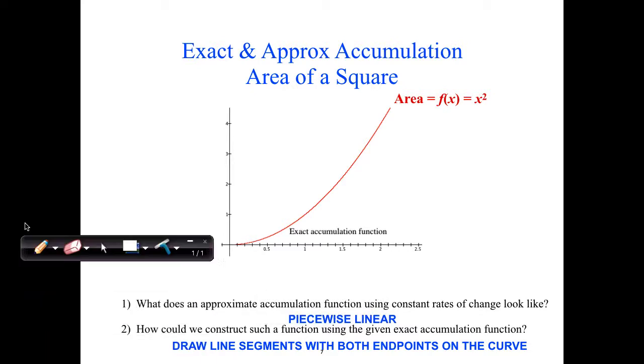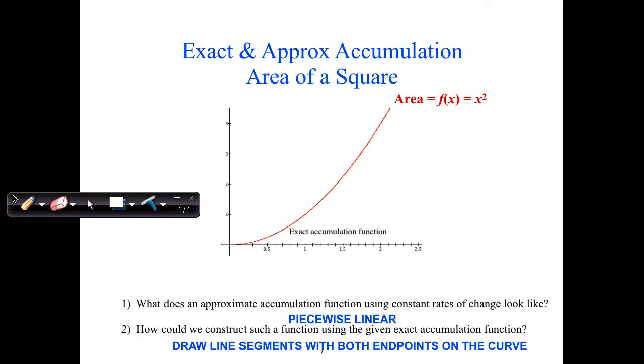There we go. If I connect dots, draw the line segments with both endpoints on the curve. You could do it other ways, but if I put a dot at the origin here and then one maybe a unit later, and then draw a straight line between them.